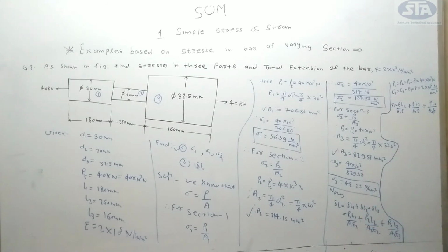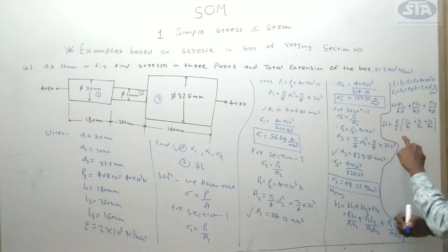Now delta L is equal to, taking the common factor P from the numerator and the common factor capital E from the denominator, P upon E, in bracket L1 divided by A1 plus L2 divided by A2 plus L3 divided by A3. Now we put all the values together.